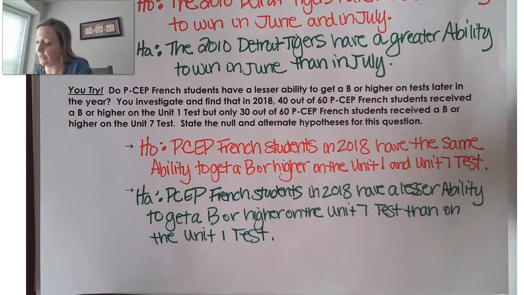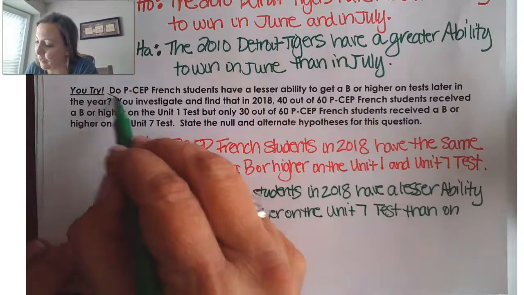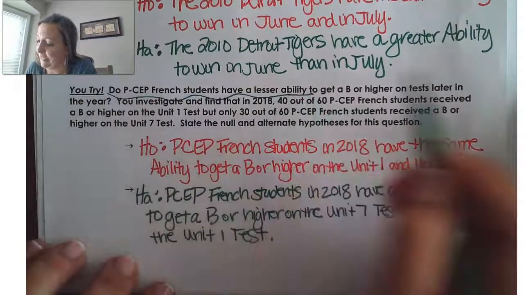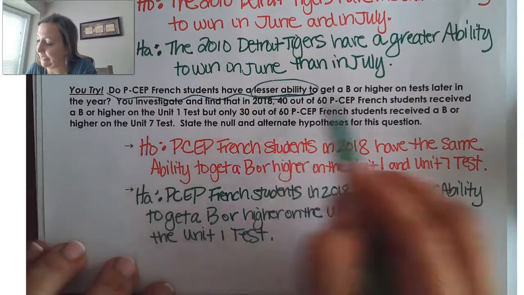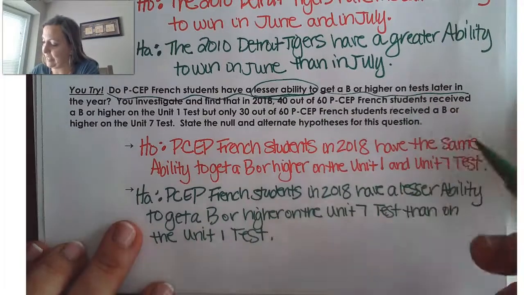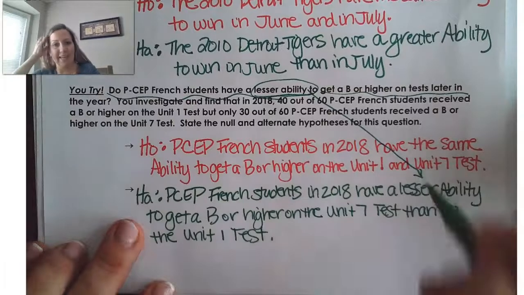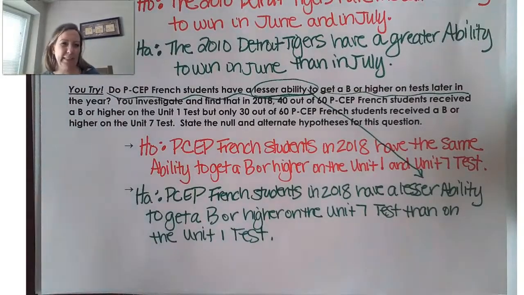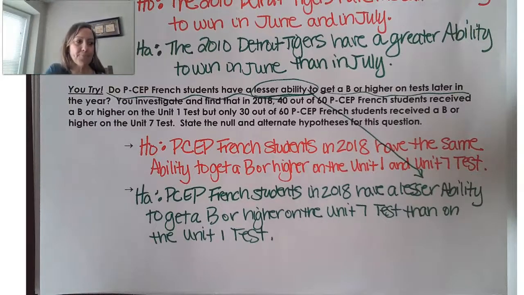Why did I choose lesser ability? Because that's what our question was asking. It was asking if they have a lesser ability to get a B or higher on tests later in the year. So because that was there, that's why I chose lesser ability in my alternate hypothesis. So that's kind of a clue in the question that tells you which one you should choose, okay?